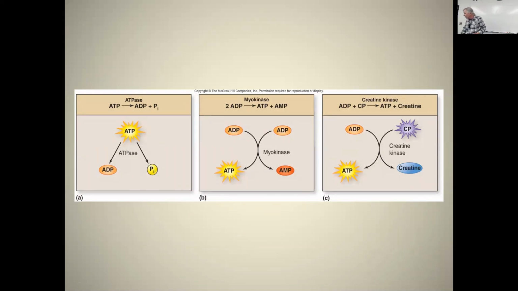And then creatine kinase here can take ADP plus creatine phosphate and make ATP and creatine. And these are all really fast ways of making ATP. But they're exhausted really quick. Within the first few seconds of muscle contraction, they're used up.